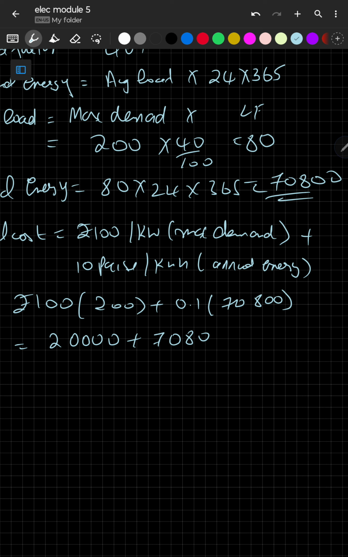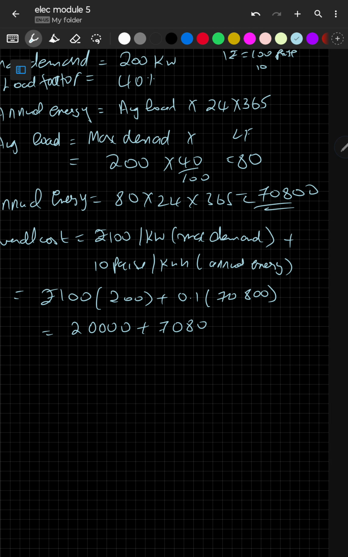Hold on, is there some mistake again? Let me just cross check. I think here itself some mistake is there. 80 into 365 into 24. Yes, it is 700. It will also change.